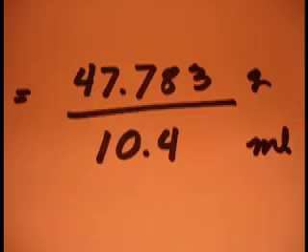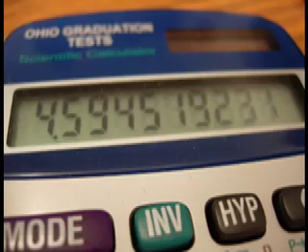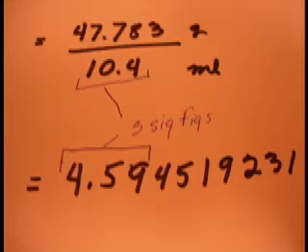We divide. Our calculator answer is 4.5 with a lot of decimals. We need to identify the correct number of significant figures. This is a multiplication or division problem, so our significant figures is determined by the piece that has the fewest sig figs.